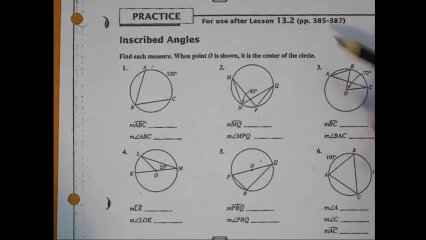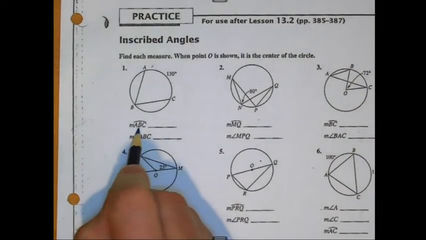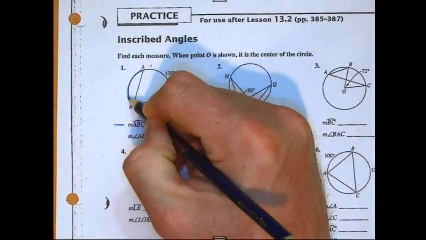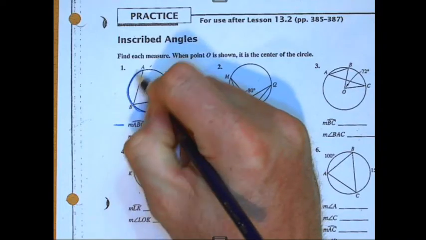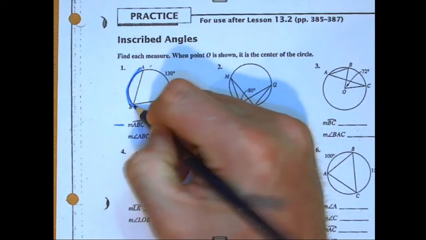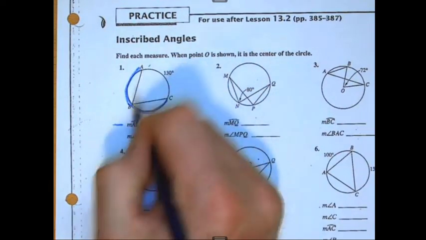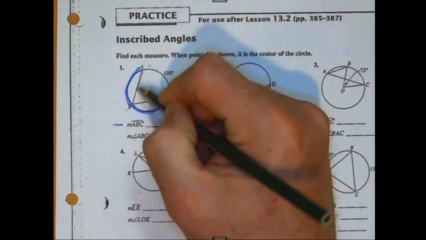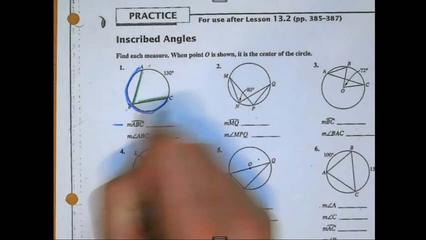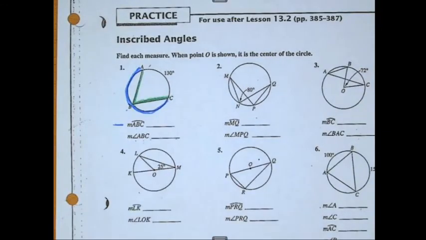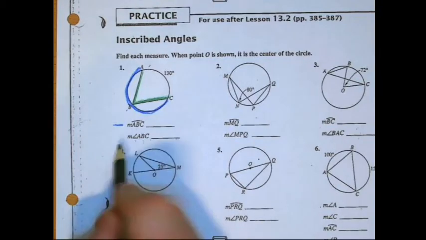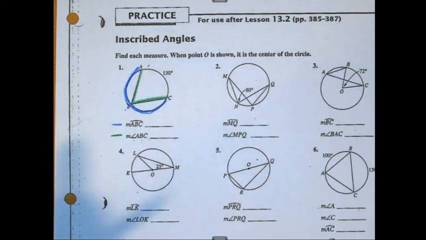So number one, it says, what is the measure of arc ABC? So we're going to highlight that in blue. ABC, angle ABC, is this angle right there. I don't know what that angle is, but that's an inscribed angle.